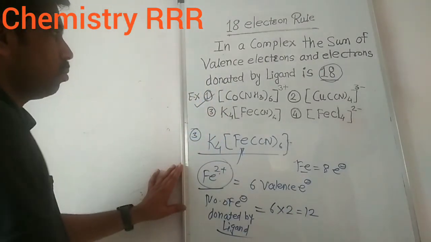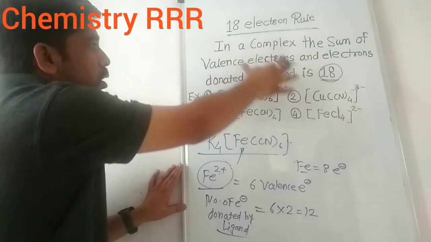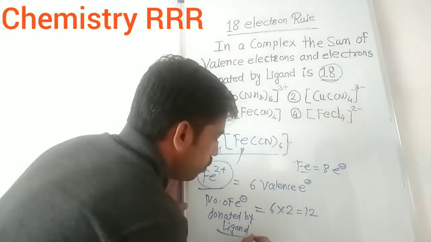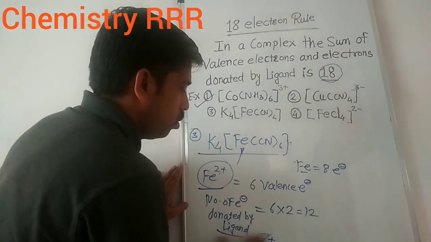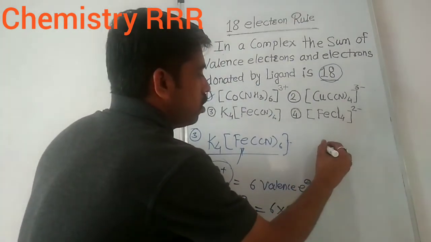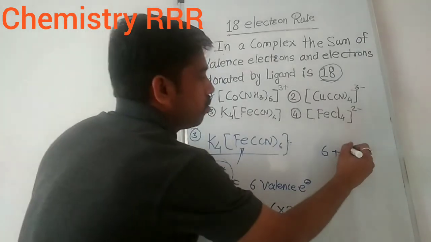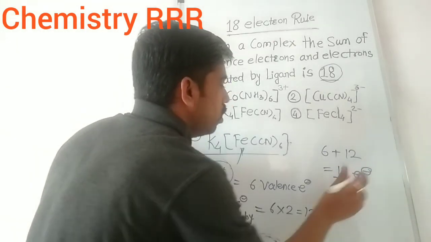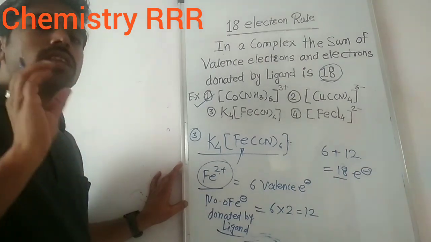Now for the 18 electron rule, it is the sum of the valence electrons and the electrons donated by the ligands. Therefore, 6 plus the number of electrons donated by the ligands, 12, is equal to 18. Therefore, this complex obeys the 18 electron rule and it is a stable complex.